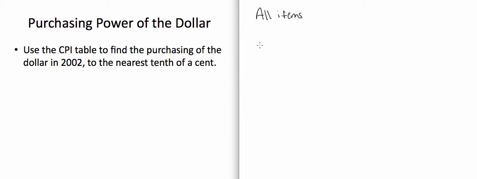And so in all items in 2002, we have an answer of 179.9. So we're going to take 100, divide that by 179.9.